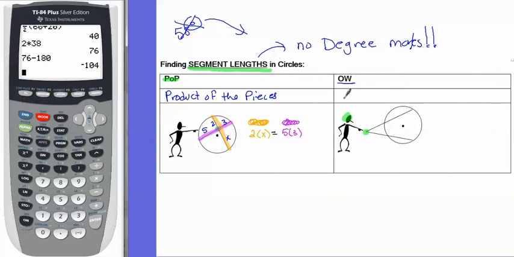The O stands for the part outside the circle. And I'm going to multiply by the whole segment or the entire thing. So O times W equals the part outside times the whole thing again.